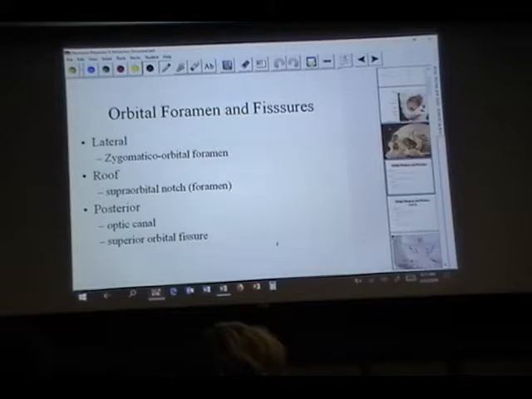Okay, so the foramen in the lateral wall is the zygomatic orbital foramen. This is where the zygomatic branch goes, and it gives off two sub-branches. Do you remember what those sub-branches were? What are the branches of the zygomatic branch of the maxillary division? Zygomaticofacial and zygomaticotemporal.